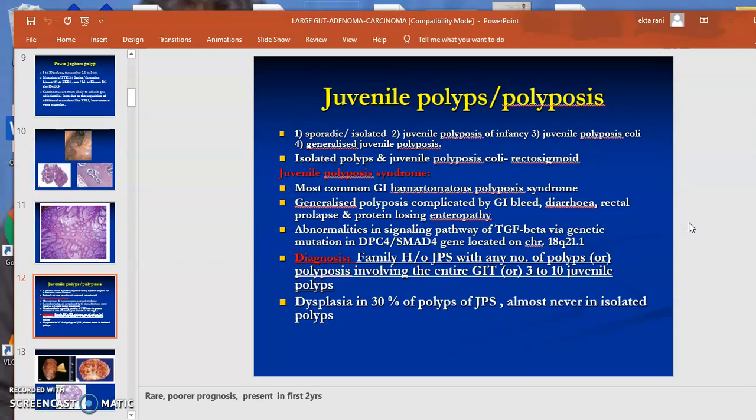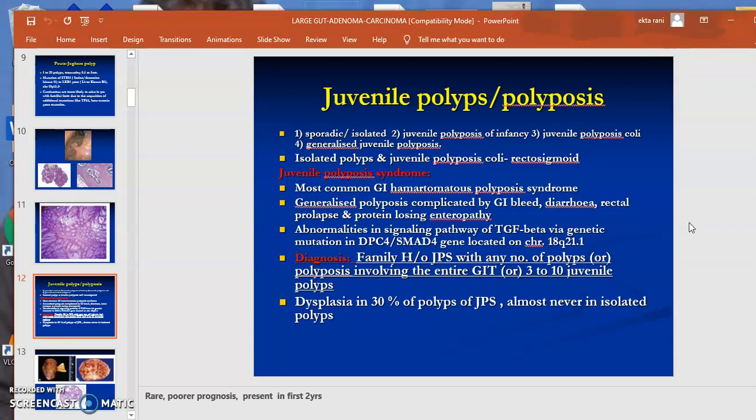Next is juvenile polyps or juvenile polyposis. It could be an isolated juvenile polyp, or juvenile polyposis of infancy, juvenile polyposis coli, or generalized juvenile polyposis.